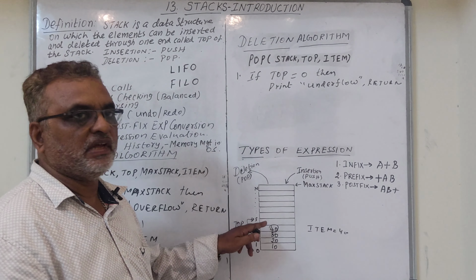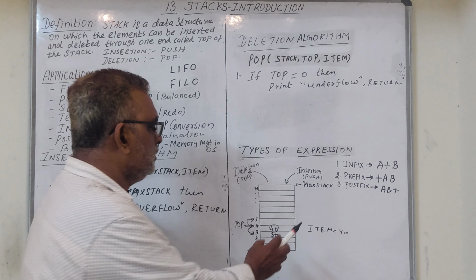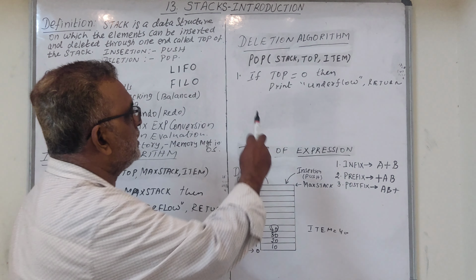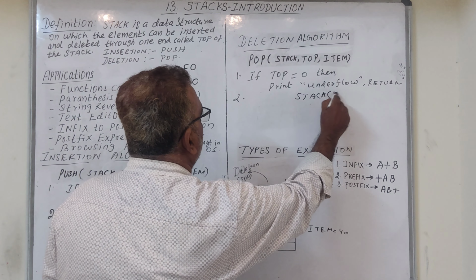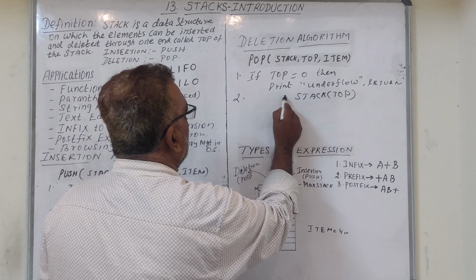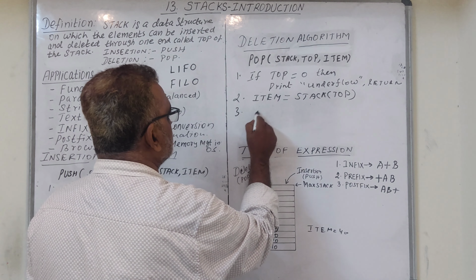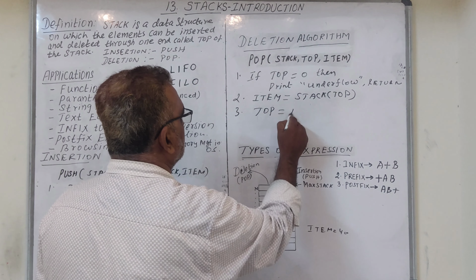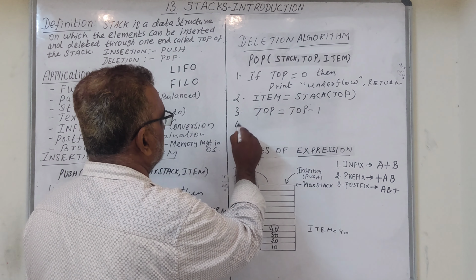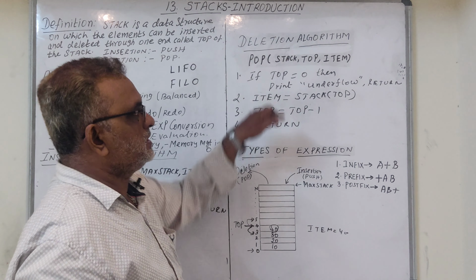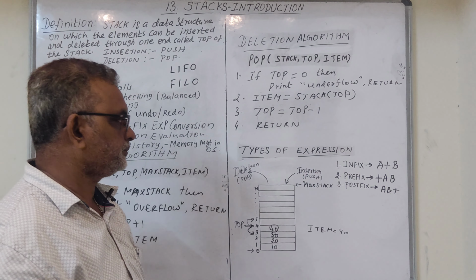Step 2: if items are available in the stack, we can delete the item. Take the element from the top of the stack and store it in the variable item. After this, we decrement the value of top, so top is equal to top minus 1. The fourth step is return. So this is the algorithm for deleting an element from the stack.